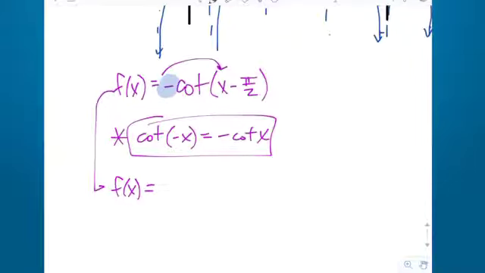And that would then distribute to both of them, and that would become cotangent of negative x plus pi halves, or pi halves minus x. And that is exactly the same as that by using the even odd nature of the cotangent, which is actually an odd function.